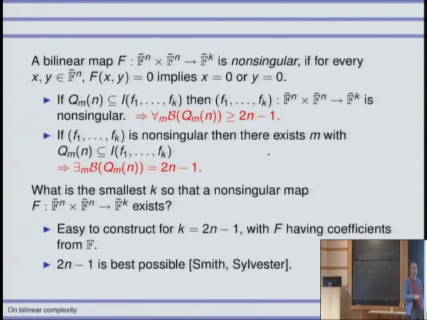Yes, exactly. So basically, the lower bound here was proved, I think, independently by Smith and Sylvester. Sylvester proved the lower bound by showing that for any set of matrices which has the property that every non-trivial linear combination has full rank, the longer side of the matrices must be at least 2n minus 1.